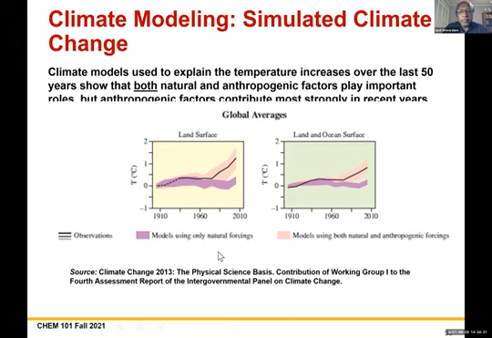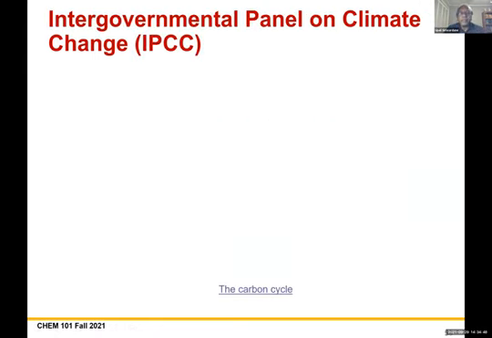The darker red is natural forcing only, without any increase in carbon dioxide from fossil fuel.